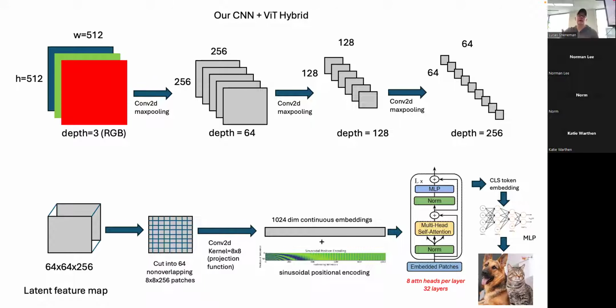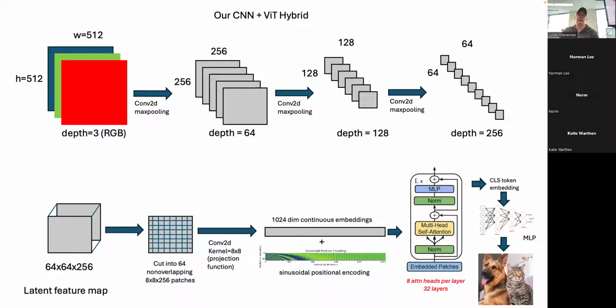And right after that, I do what's called max pooling, which shrinks the spatial dimensions of the image by half. So I start out with 512 by 512 by 3. I run it through this first convolutional layer, and I get a 256 by 256 spatial image, but with a 64-deep feature map, where hopefully we're starting to extract things like edges and bright spots and things like that.